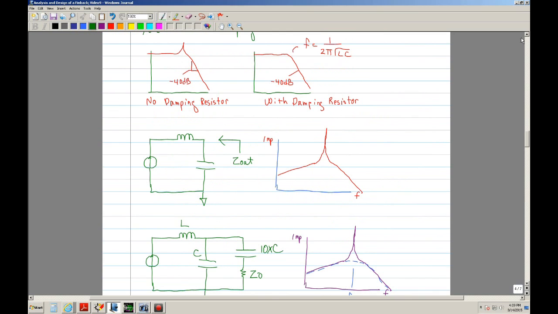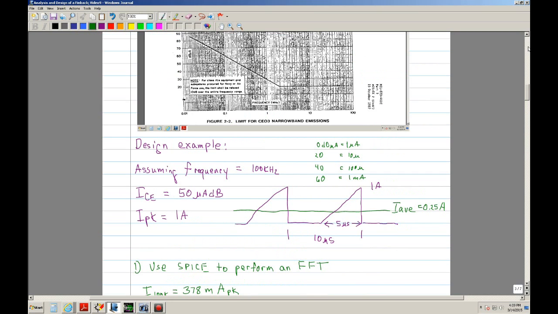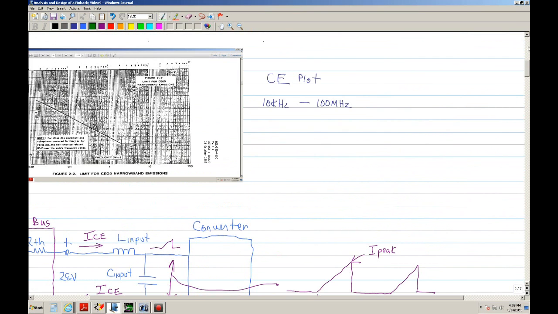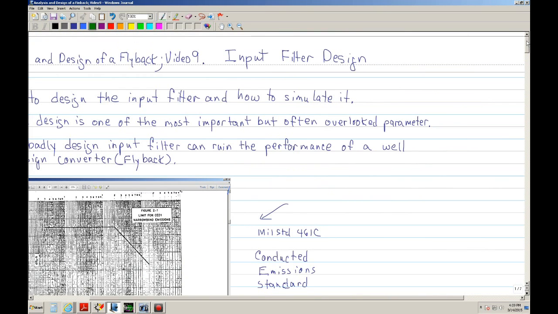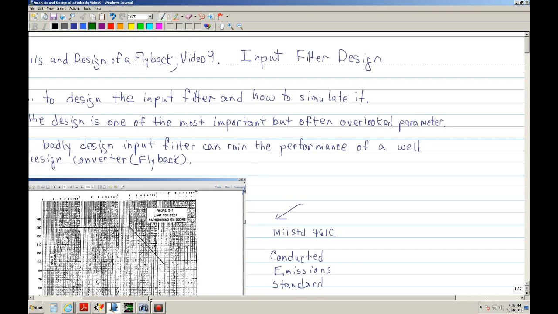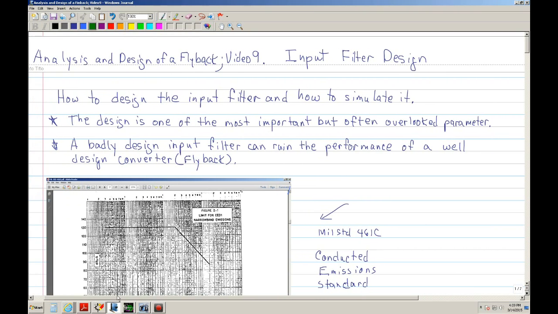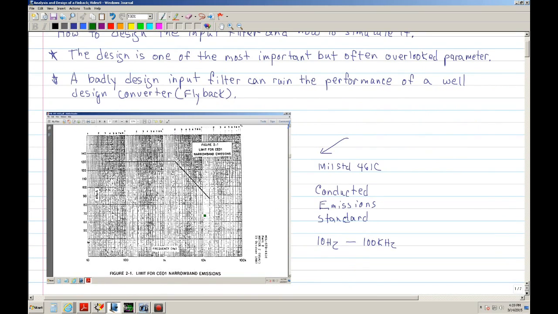And the last lesson, which was I believe 9, I showed a procedure where you can design a filter to satisfy MIL-STD-461, where they specify if you have a certain frequency range, it specifies a certain current that you're allowed. Okay, so it's a continuation with that.